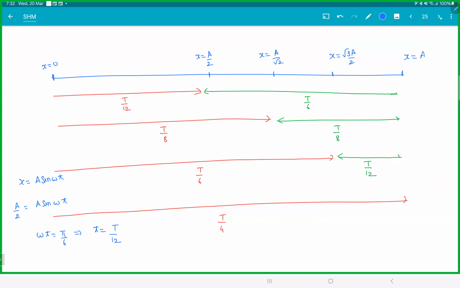Have a look at this. You should remember these values. It will save you a lot of time in the exam.